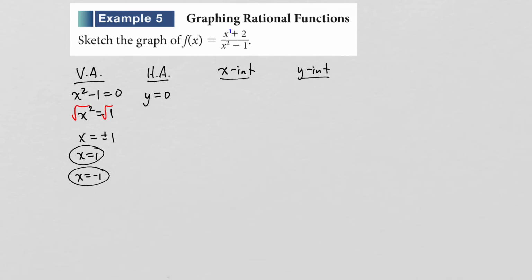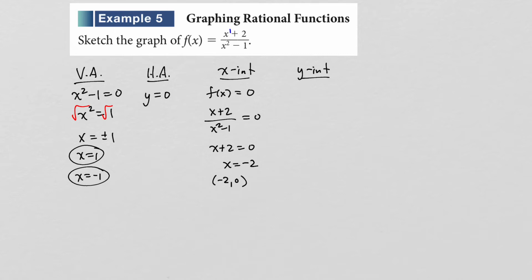So to get the x-intercept, we set the function equal to 0, which means (x + 2)/(x² - 1) = 0. And then remember, the only way a fraction can equal 0 is if the numerator of the fraction is 0. And this means that x = -2. So the x-intercept is the point (-2, 0).